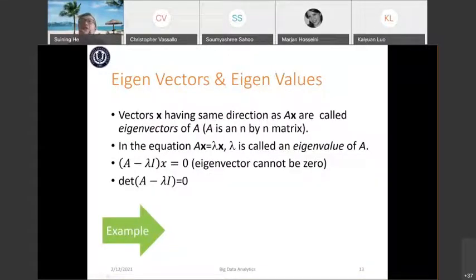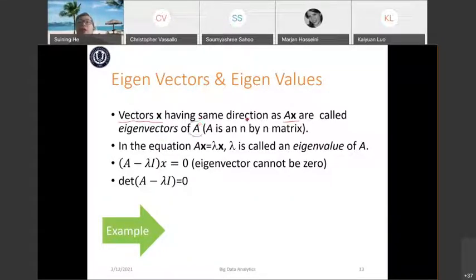So let's look at the definitions. The definition of the eigenvector is as follows. Say we are given a certain vector, and if it has the same direction as the product between a certain matrix A and this vector, then we can call this vector X an eigenvector of this particular matrix.